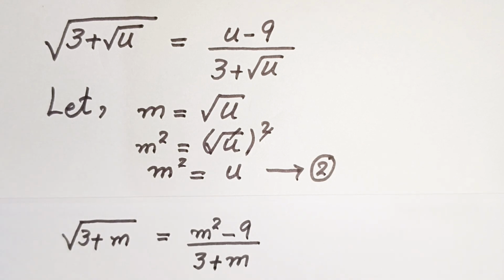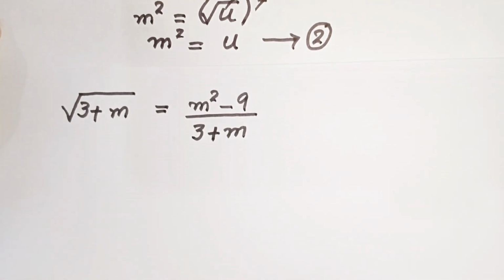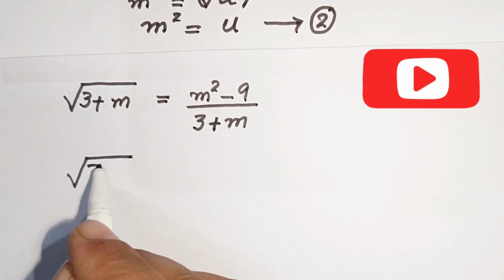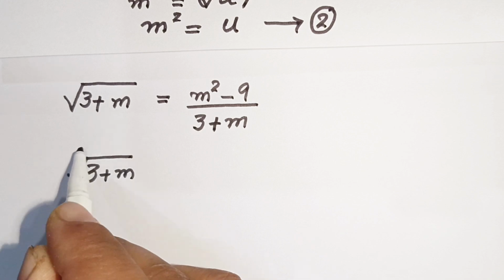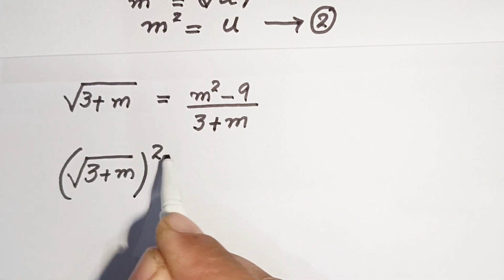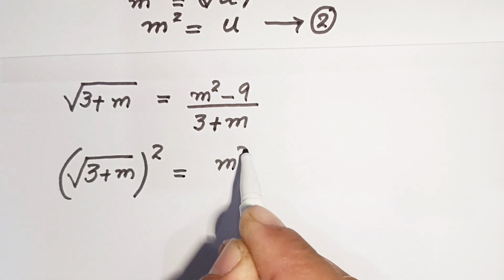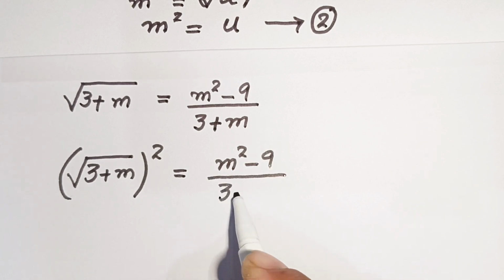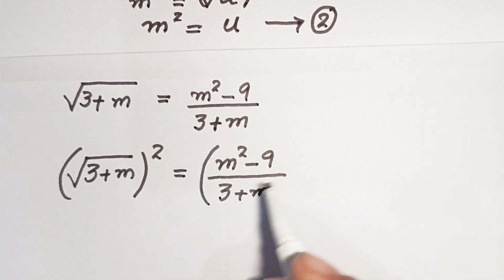So now our next step is, if we take the square on both sides, the square root of 3 plus m whole squared is equal to m squared minus 9 all over 3 plus m whole squared.